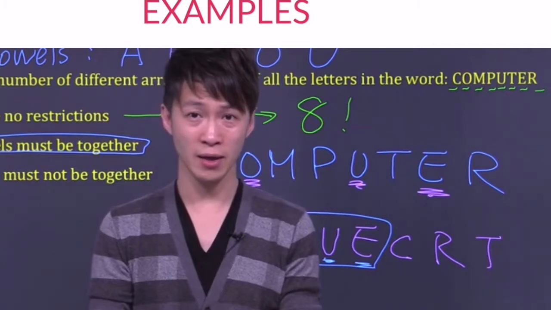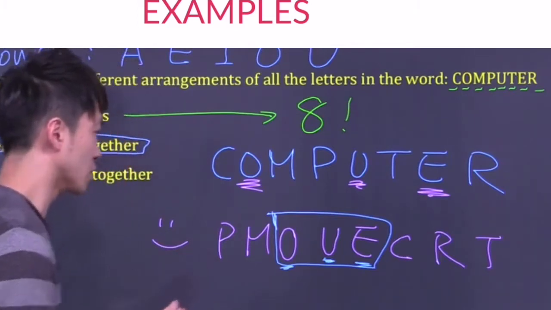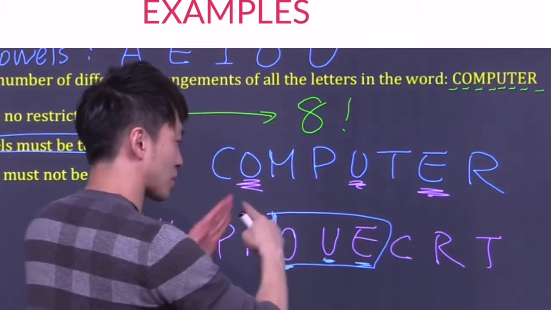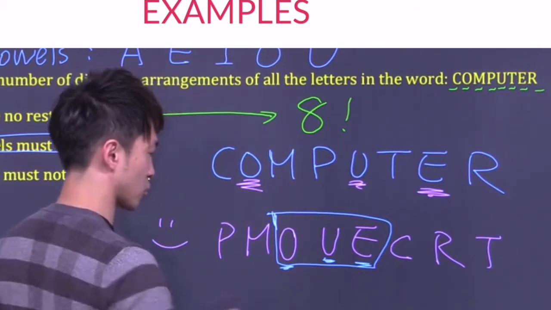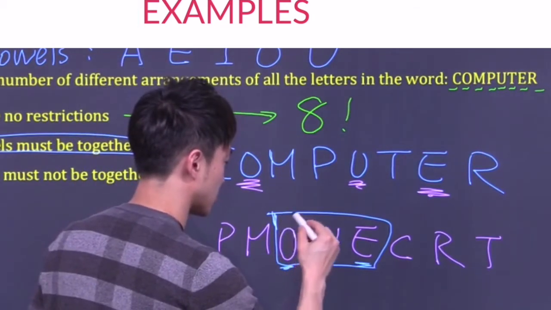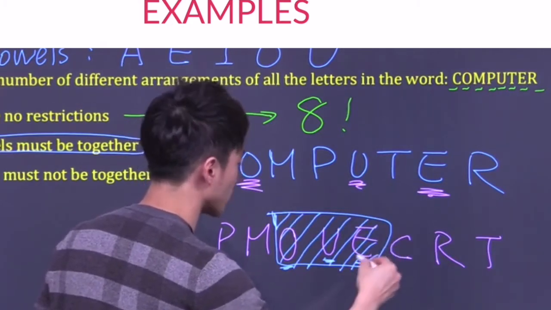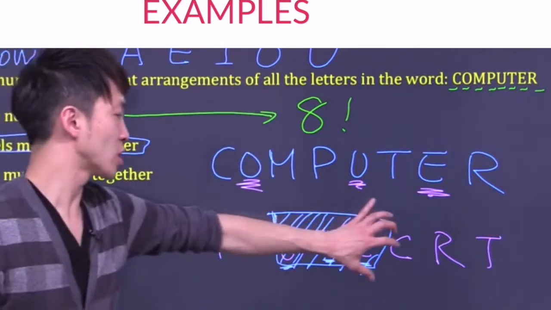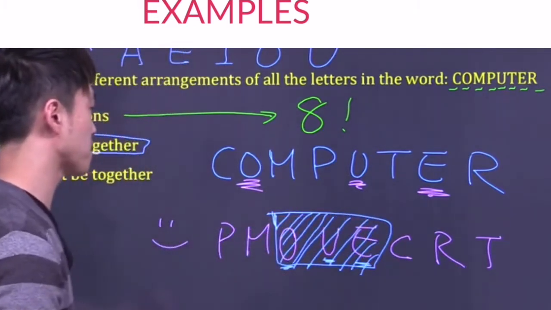So because O, U, E must be together, I'm going to put them inside a box. Once you put it inside the box, don't even think about what's inside the box. Treat them as just one object. One box.